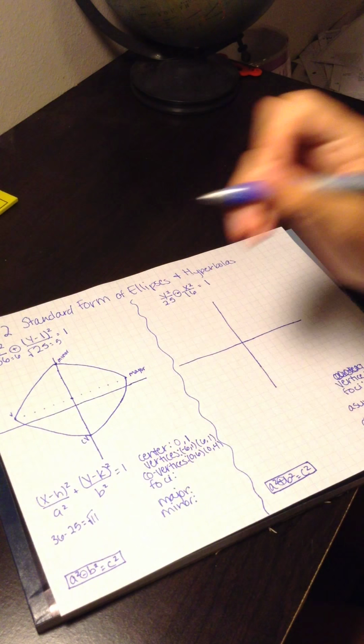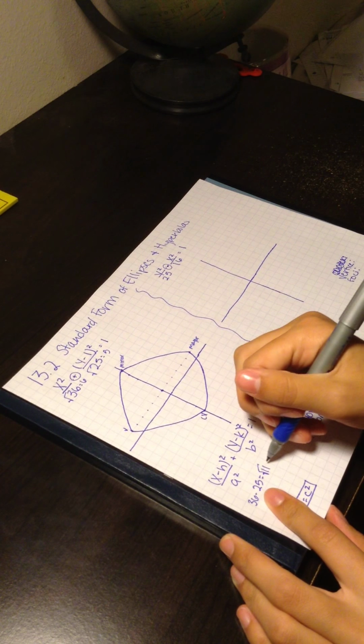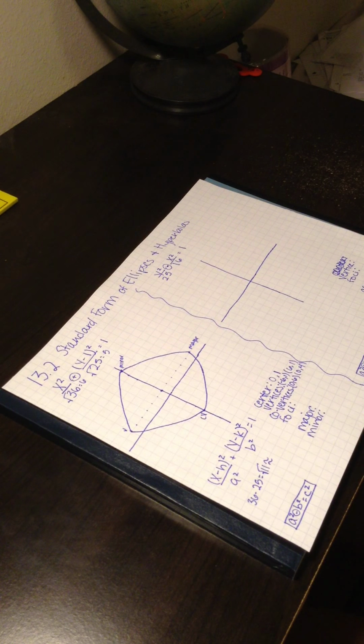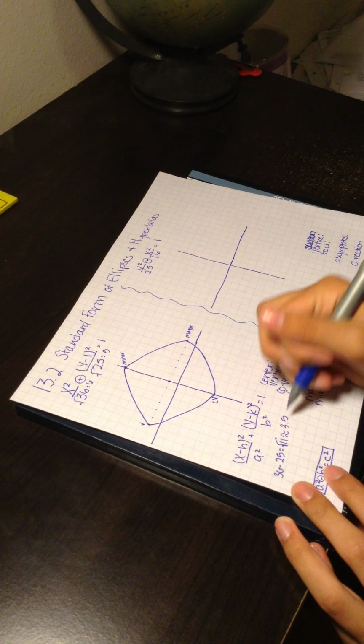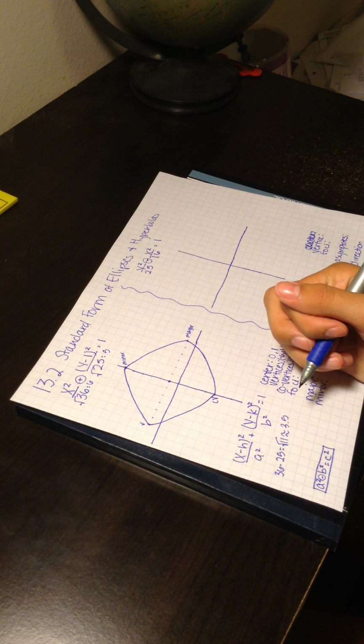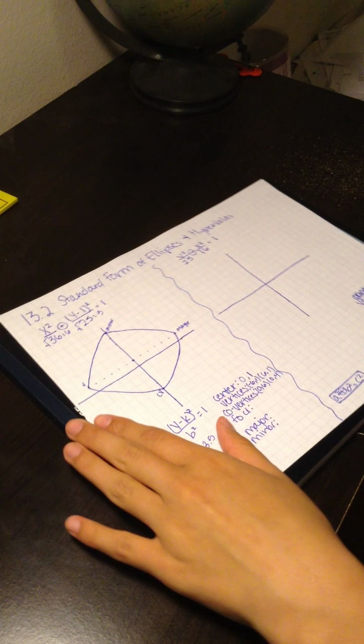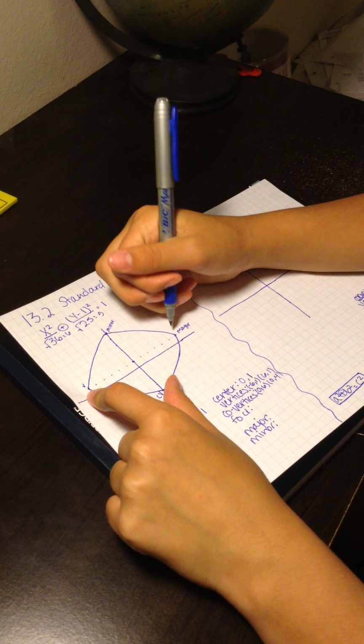But whenever we write that down for our foci, we need the exact. So the square root of 11 is somewhere between 3 and 4. Because we can't really graph this exact, we're just going to say 3.5. Okay? So about 3.5.